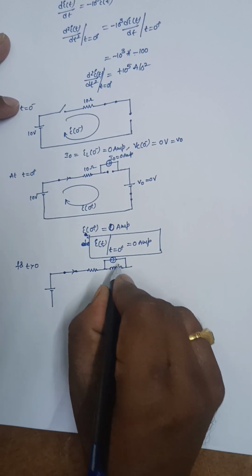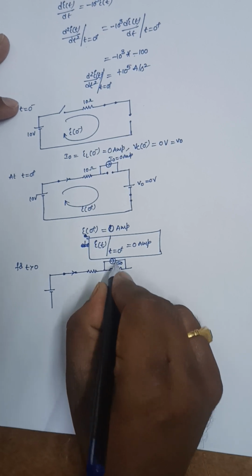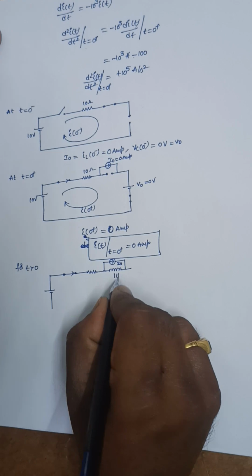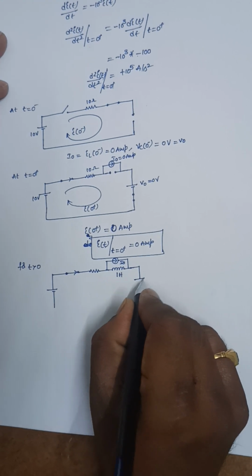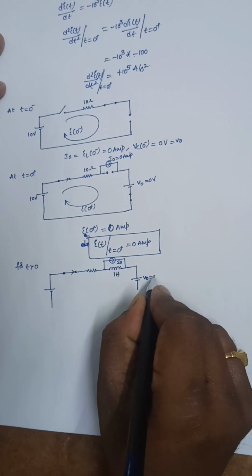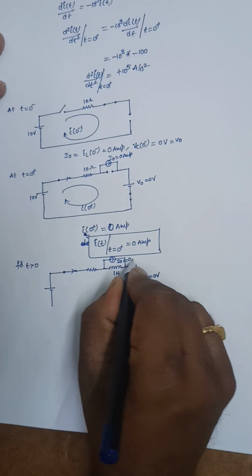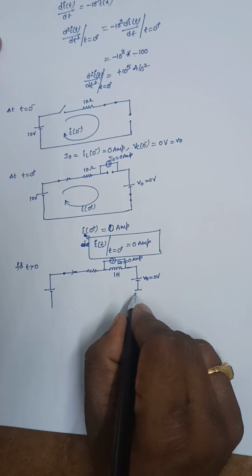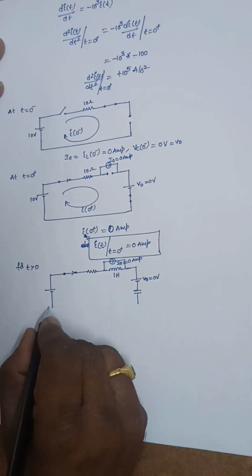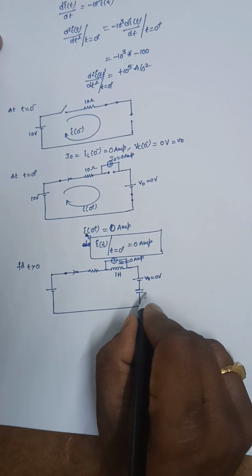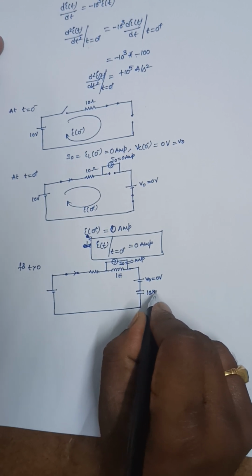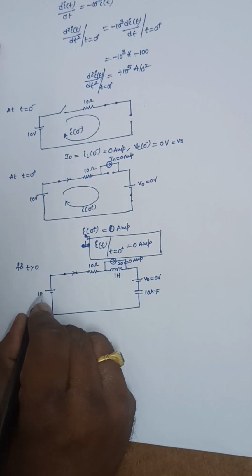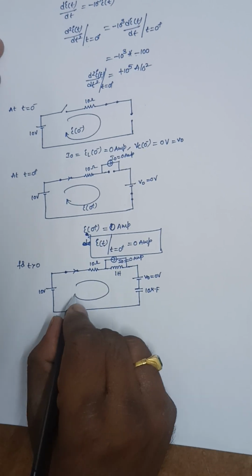The current source is I naught, the inductance is 1 Henry, and the voltage source is V naught, whose voltage is 0 volts, with 0 amperes here. The capacitance I replace here has a value of 10 microfarad. So it is 10 ohms, 10 volts, and this is the current I of t.